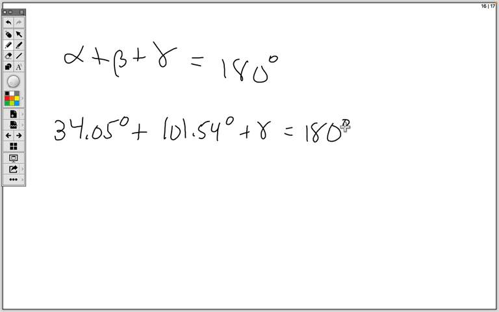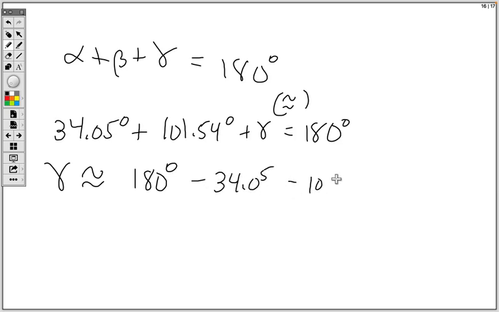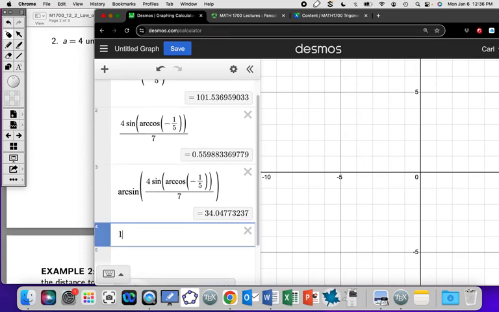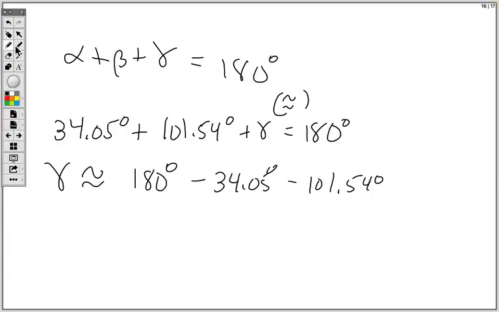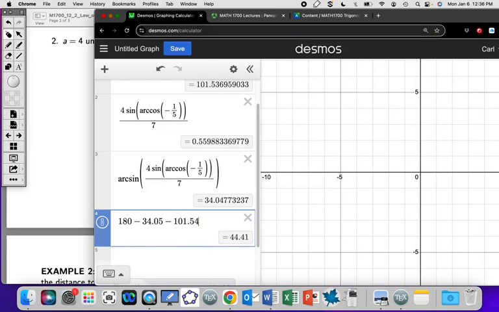Gamma is, technically speaking, approximately equal to 180 minus 34.05 minus 101.54. Let's go ahead and work that out there. 180 minus 34.05 minus 101.54. So 44.41 degrees.